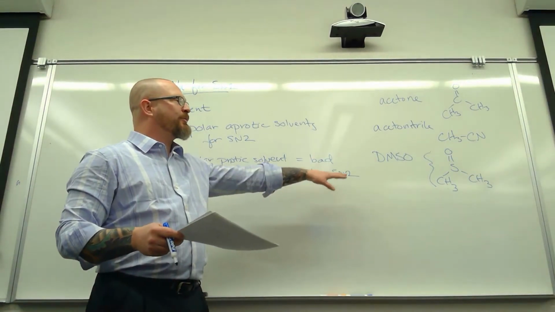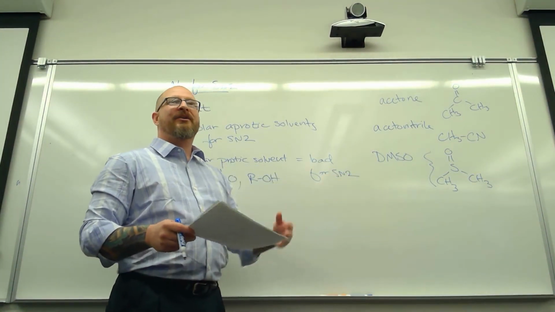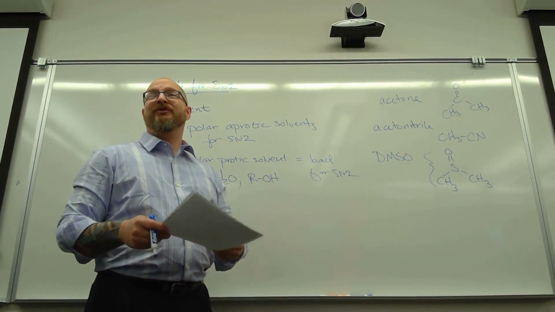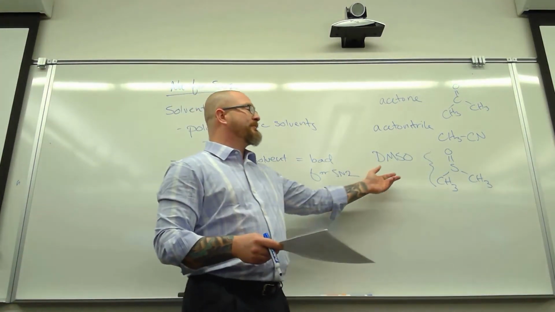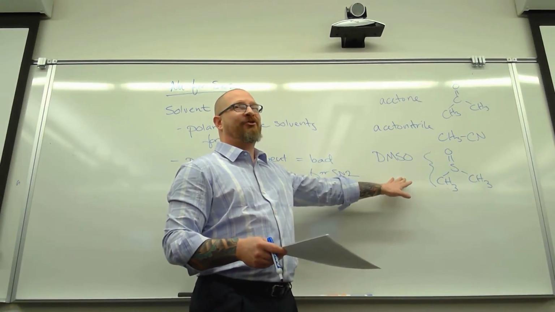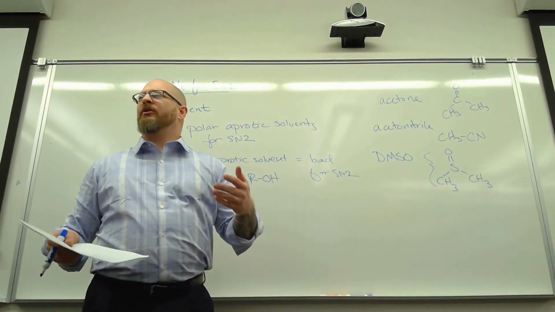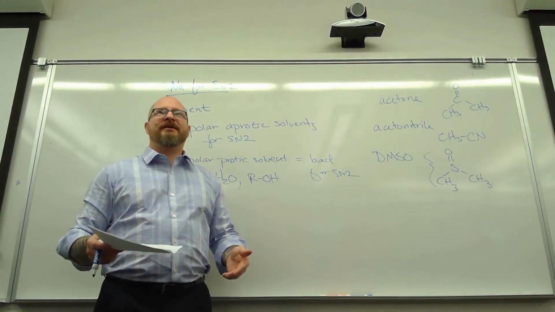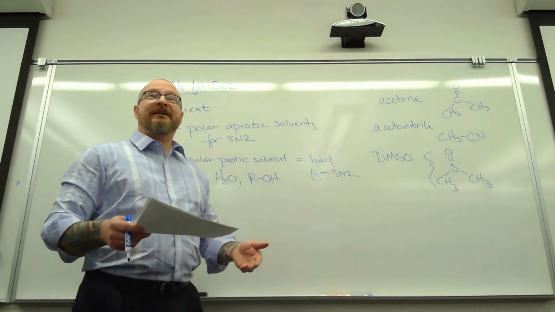And so that's one major consideration when you're using DMSO. The other is that it's not volatile. So if you do a reaction in the solvent, getting your product out of the solvent is really challenging. And the books will say, oh, you just do some column chromatography. It's not really easy. They lie like dogs.